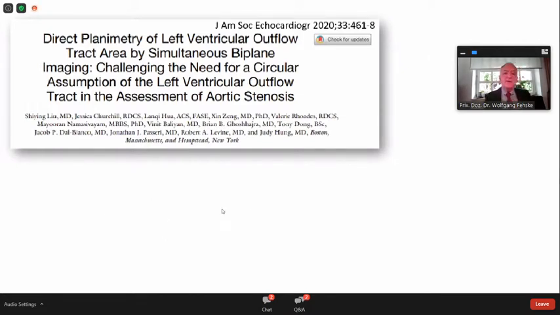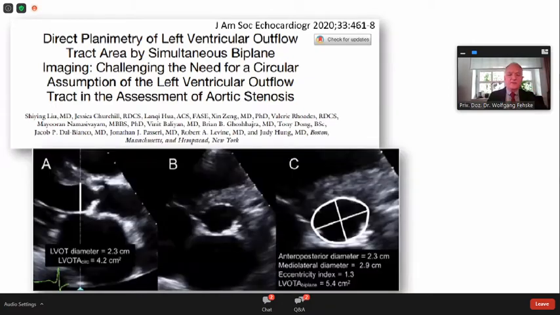of the area. We are taking only one diameter, but everybody knows from TAVI implantation of aortic valve prosthesis that the shape of the left ventricular outflow tract, the annulus, might be ellipsoid and oval shaped, and this is not always circular round.